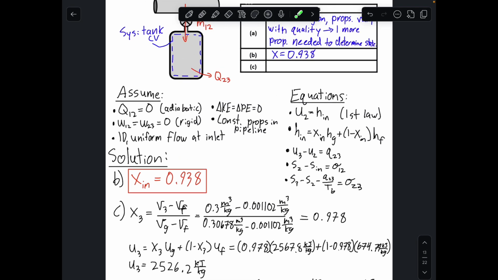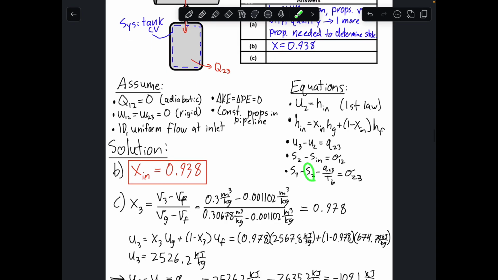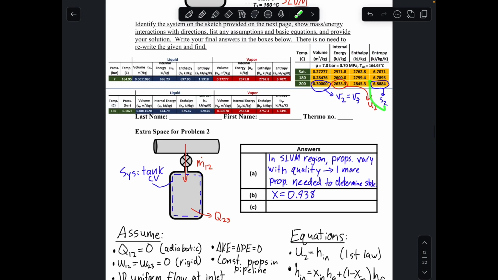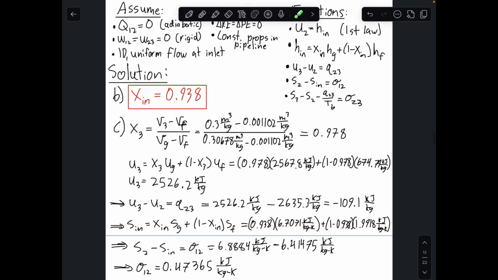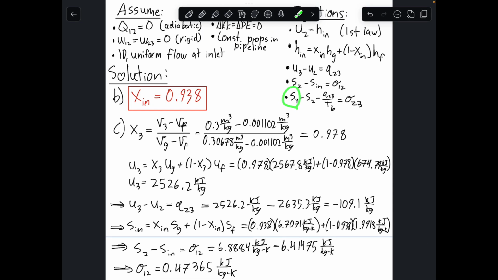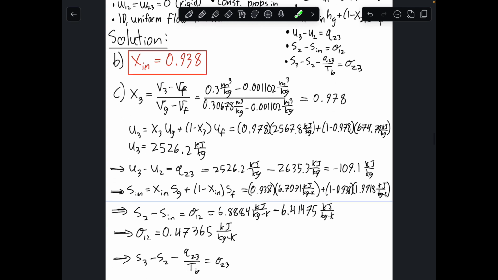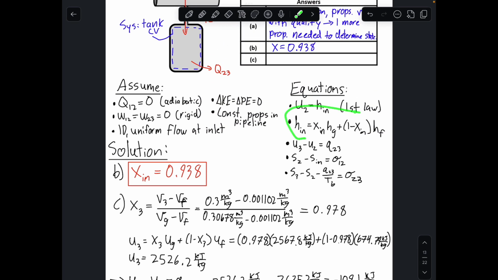S2, we already have that term from our table up here. That was this value right here. But S3, we haven't evaluated that yet. So we're going to need to use our quality equation again in order to find it. So that's just this equation up here, but instead of h, we're going to be using s.